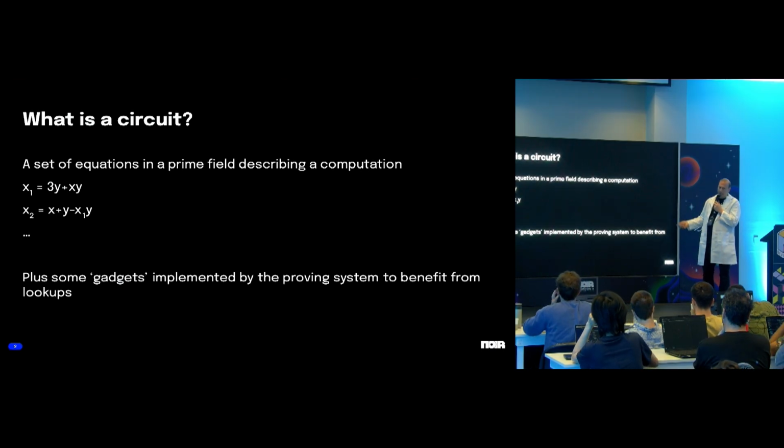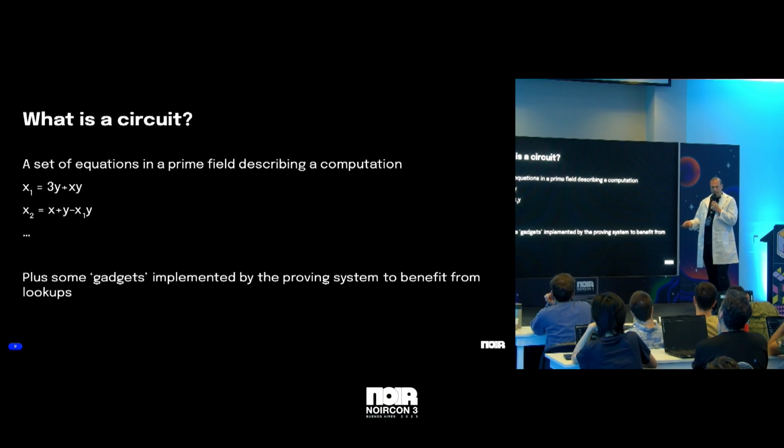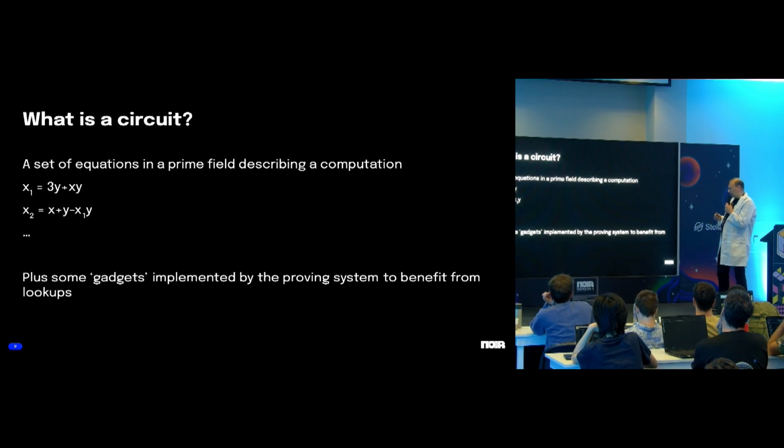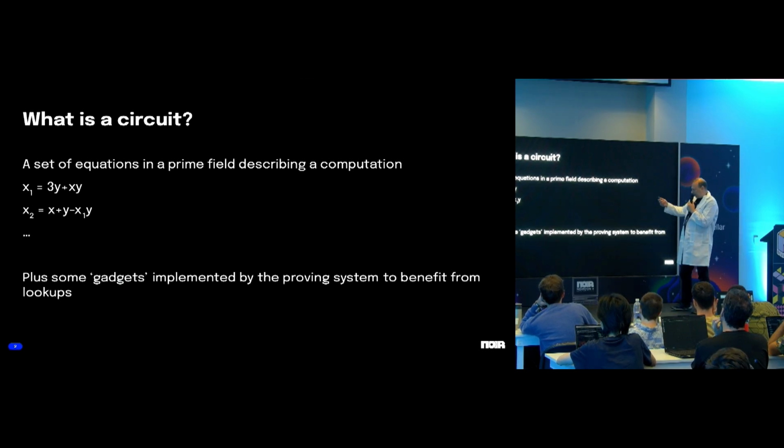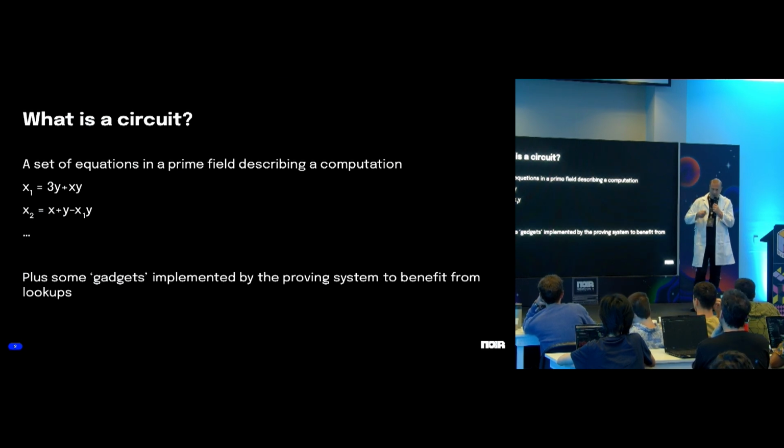These black box functions are usually done using lookup tables. Lookup tables are a very important cryptographic primitive, and this is how you can access this kind of primitive using Noir. We will see some examples of that later on.